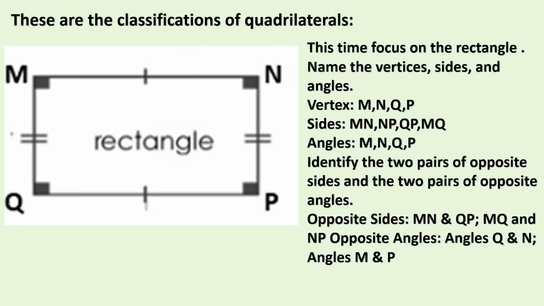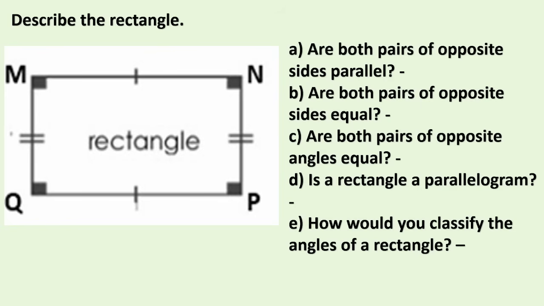Opposite sides: line MN and line QP, line MQ and line NP. Opposite angles: angles Q and N, and angles M and P. Describe the rectangle. Are both pairs of opposite sides parallel?